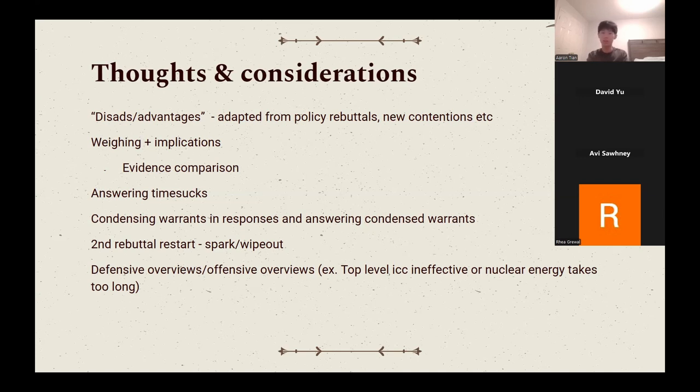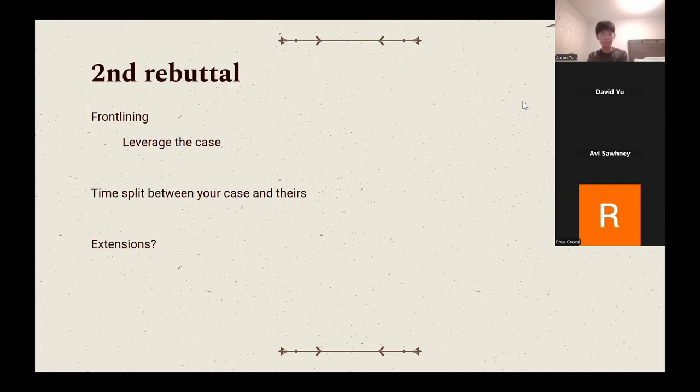Then obviously a nuclear power plant or a nuclear solution that takes over a decade to construct and complete would not be able to solve that, unlike what the affirmative is saying, right? So you can also think beyond the pure defensive purposes of overviews, about what they can do for setting up the way the round plays out, whether through weighing or mitigating your opponent's overall narrative as a whole.